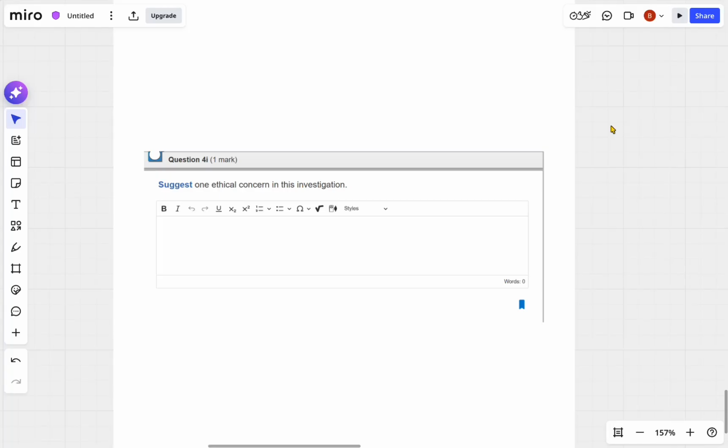Now we have question 4I, which is an ethical concern question. So I think we can delve deep into this question and think of what the ethical concerns might be. First, whenever we're subjecting these brine shrimps to an experiment, to find out the results and what actually happens, we sometimes have to go to the extreme, and that might cause them a lot of stress.